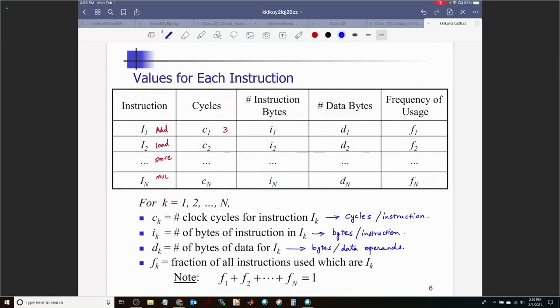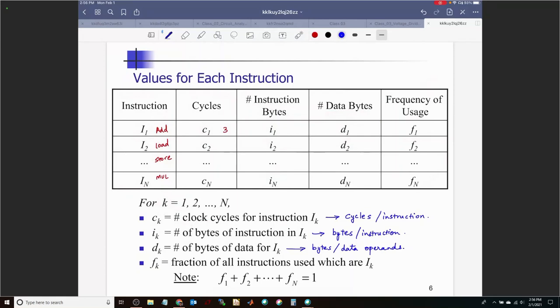Because suppose you're trying to do addition of two numbers. Then you would have to have some bytes for the instruction, which is add, and you would also have to have some bytes for the data, the numbers that you're trying to add. So you need to look at both of them in order to complete the instruction.